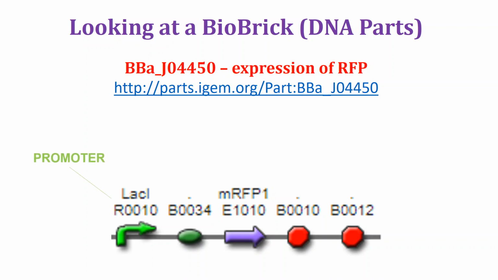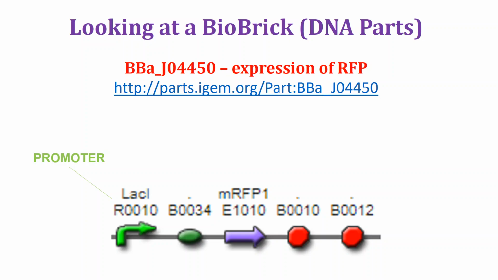So we have a promoter sequence, a region of the DNA which is responsible for activating transcription and allowing that gene to be turned on. If you want to produce some protein, some function in the cell, you're going to need to have a promoter somewhere in your BioBrick or in your design. In this case, we actually have the very same promoter we've been talking about, the LacI promoter, which in the collection is known as R0010.